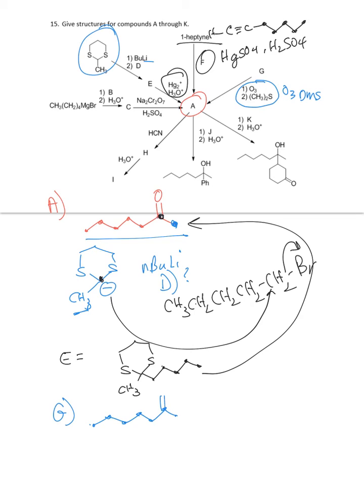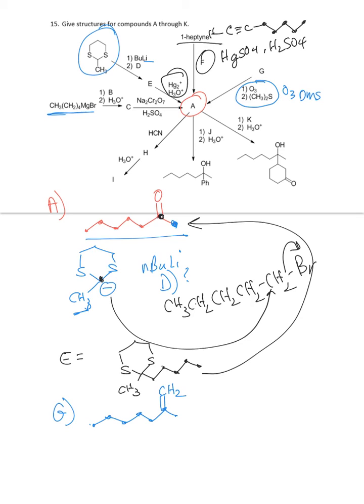Where your ketone is, you better have a double bond there to cleave. So that could be your structure for G. I'm going to double check to make sure, yes, so that's G. That's just the CH2, because that's going to be ozonolysis.